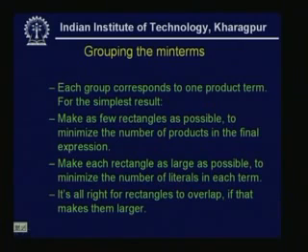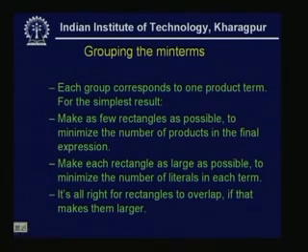For a 3 variable function, if we can make a group having 4 adjacent min terms, then it always reduces to a term consisting of a single literal. So each group corresponds to one product term for the simplest result. Make as few rectangles as possible to minimize the number of products in the final expression.